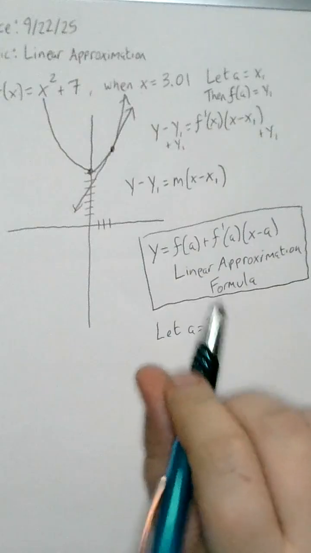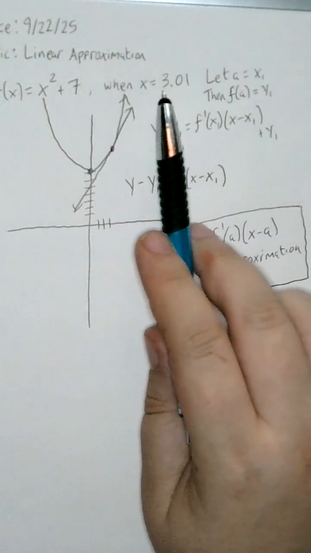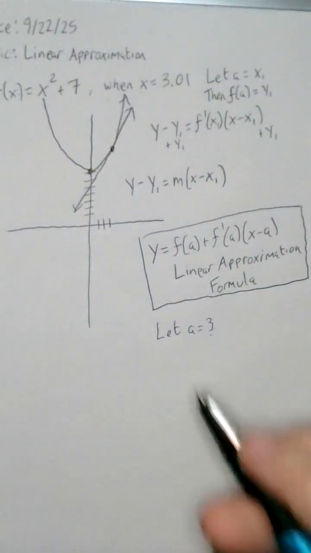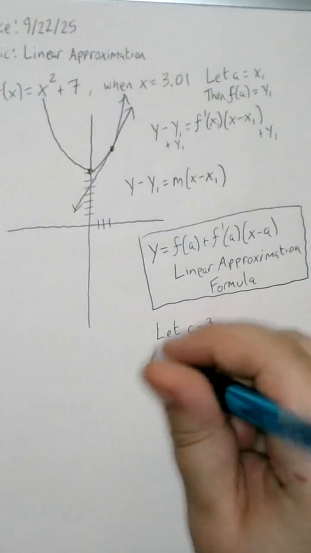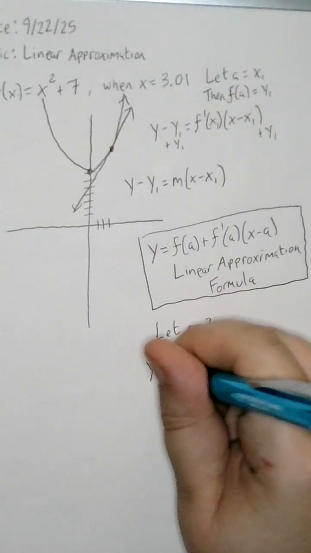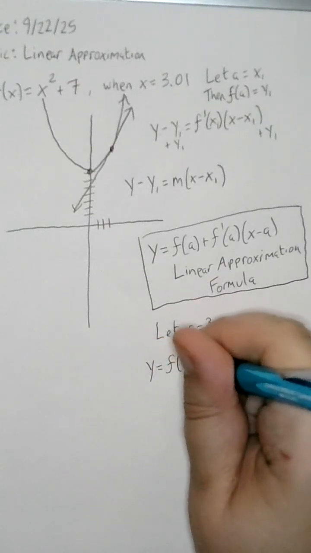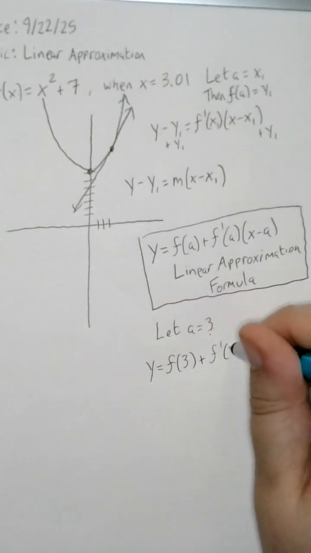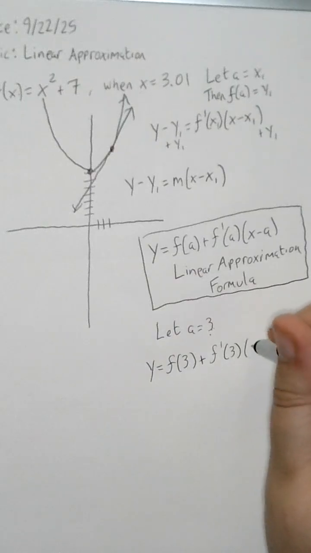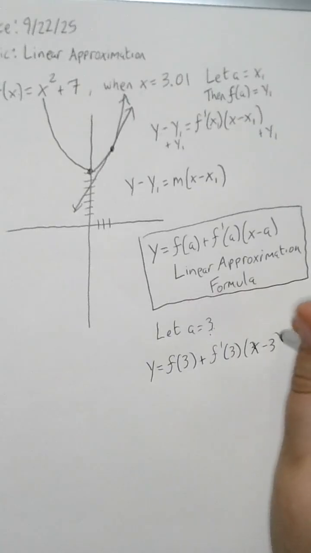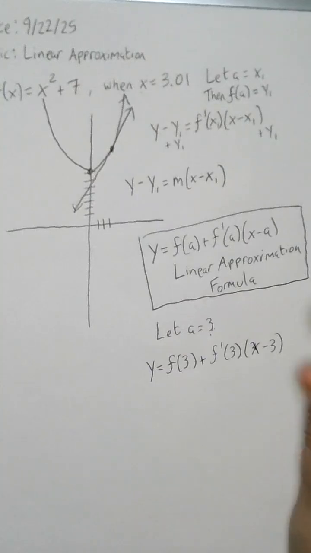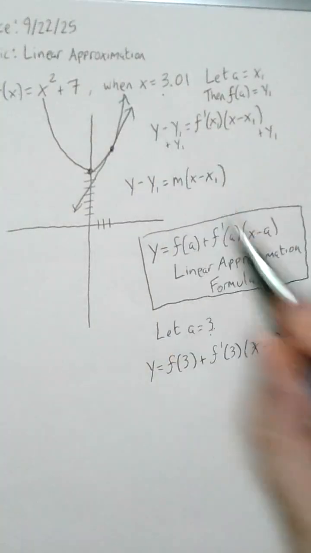Well, it's gonna be 3 because 3 is relatively close to 3.01. So then I get y is equal to f of 3 plus f prime of 3 times x minus 3. Or actually, I now have to let x be 3.01.